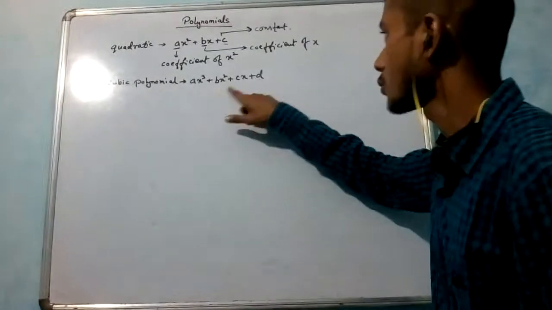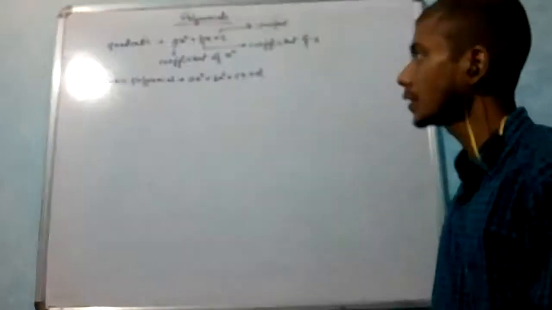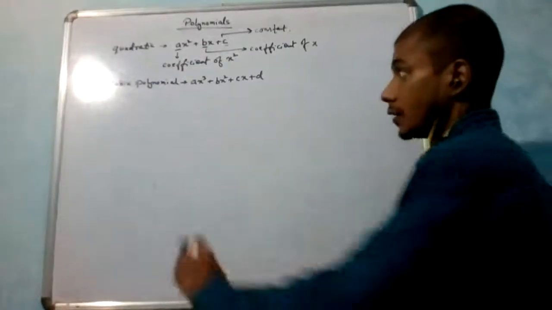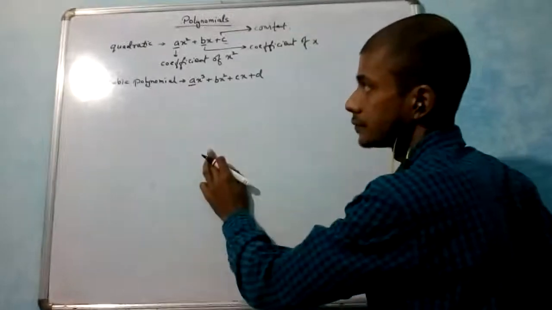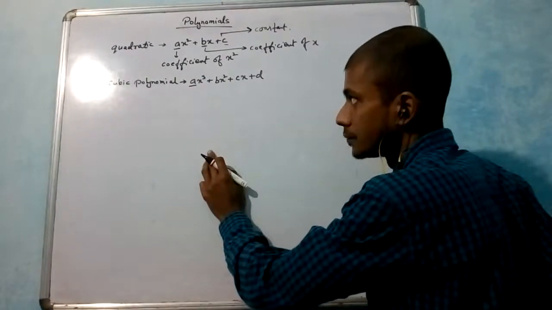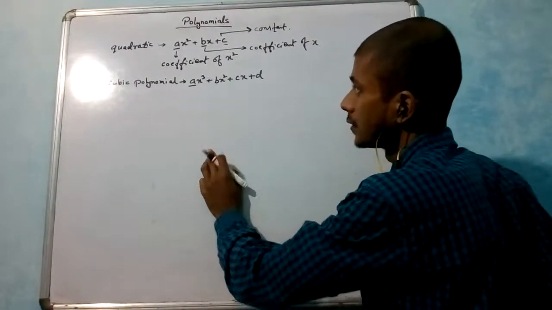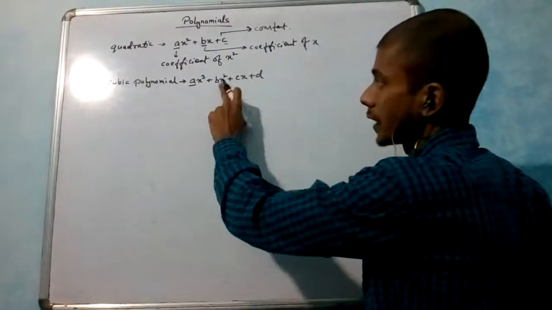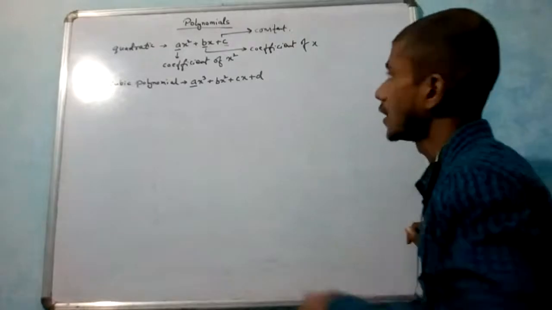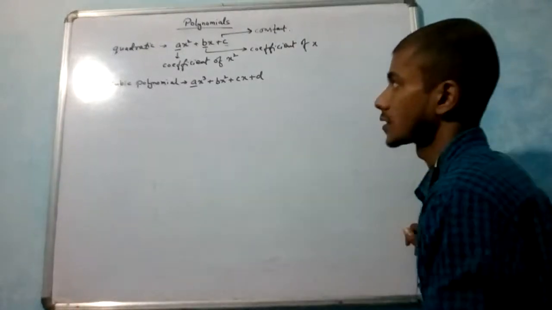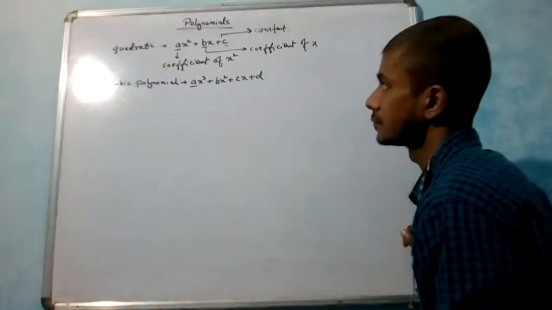Okay. In this case, a will be what? The coefficient of x cube. Okay. B will be the coefficient of x square. C will be the coefficient of x, and d will be the constant, isn't it?